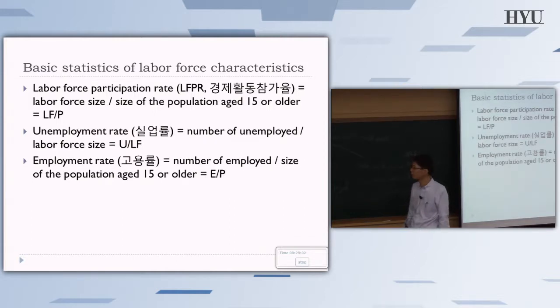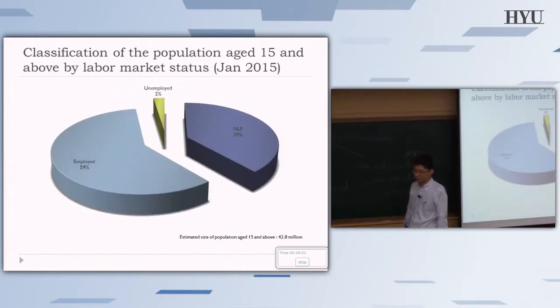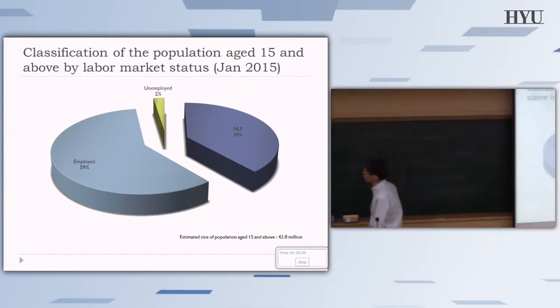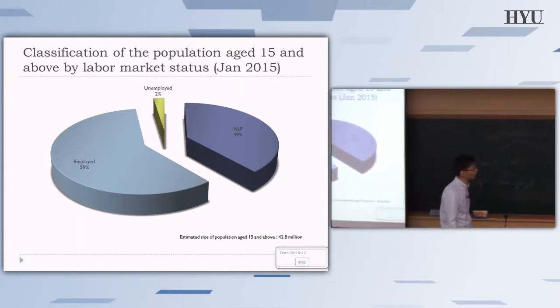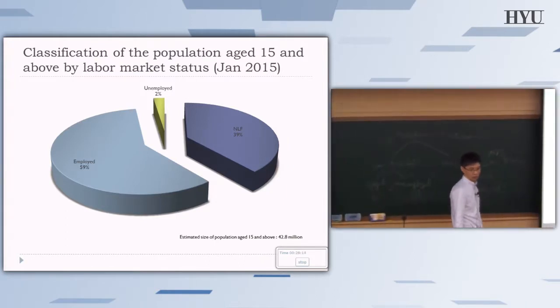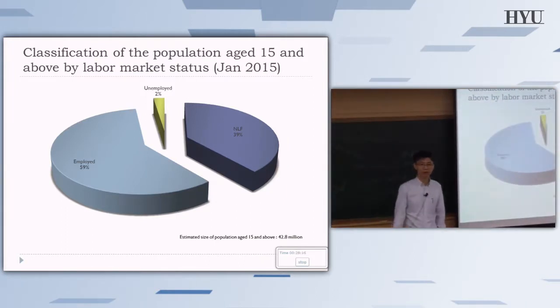Okay, now let's look at the current status of the Korean labor market. This is from the most recent statistics available, January 2015. Okay, so we did a monthly survey, right? So we have information about the January survey of this year.